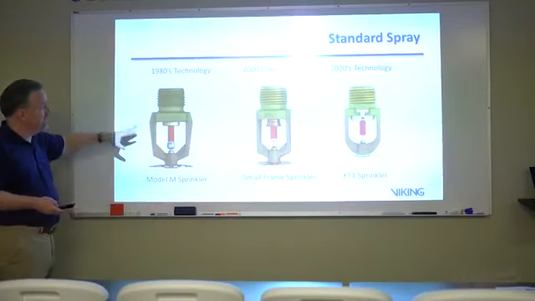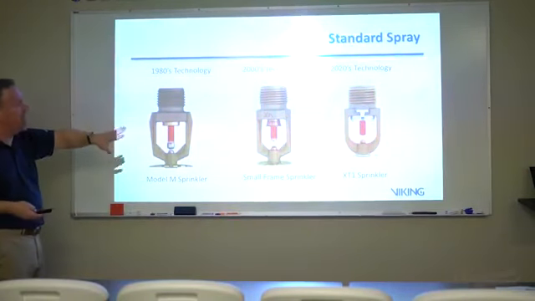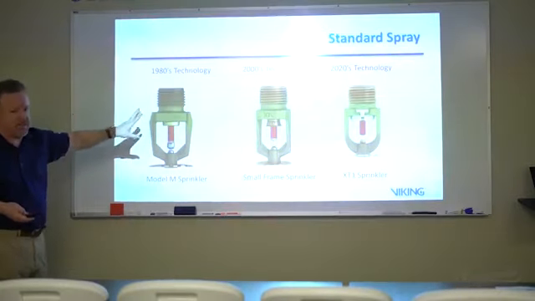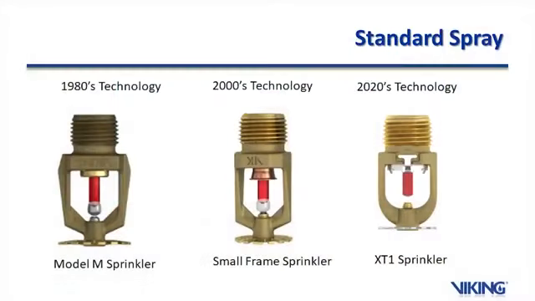Here in the 1980s, this is a pretty accurate comparison of the size of all of these sprinklers now. The 1980s technology, that older style that we just saw, is a fairly decent size. In 2000, Viking came out with what they called the small frame sprinkler. Same water distribution characteristics and everything, just a little bit smaller.